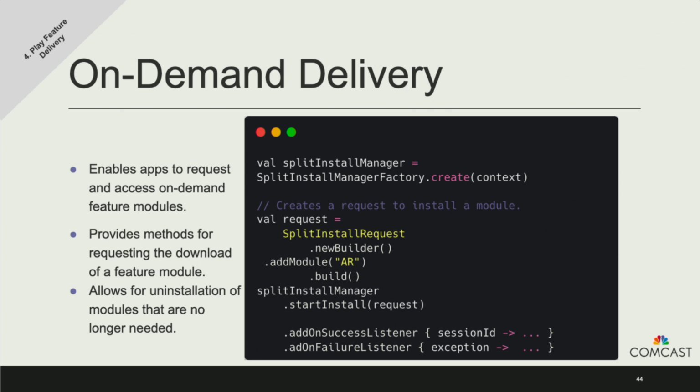So for instance, you can have an onboarding module for a specific sensor or something for your user. Once they go through that, you can delete that, right? So you can have the user download 5 megabytes, activate that, enable that feature, whatever they needed. Once they're done, you can even delete that module. So you can always keep your app size small. So I encourage everybody to look at that.